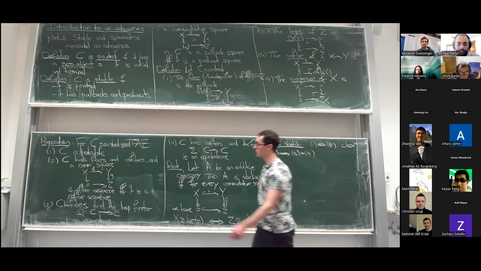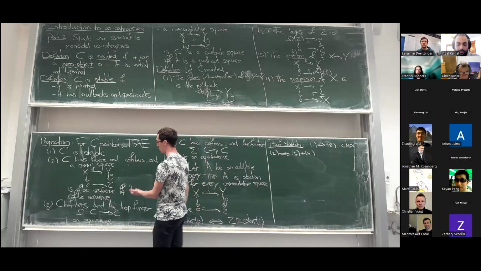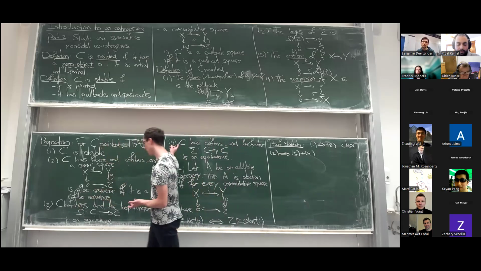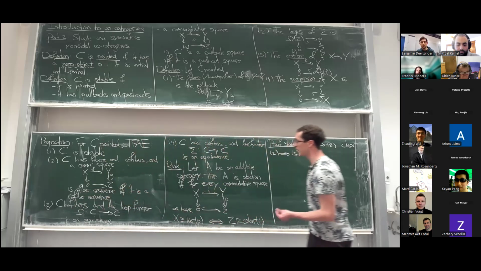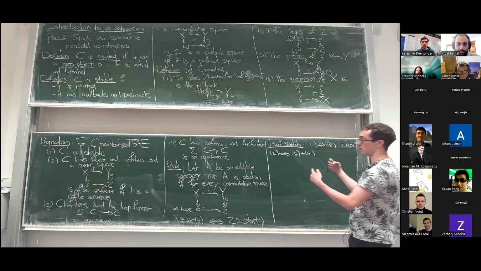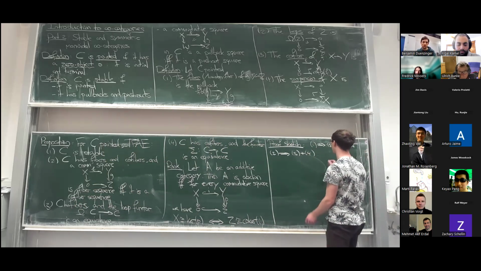First of all, in 2, we assume we have all fibers and cofibers, so that condition is fine in 3 and 4. So we need to show that omega and sigma are equivalences, and we're going to show that they're inverse to each other, actually.